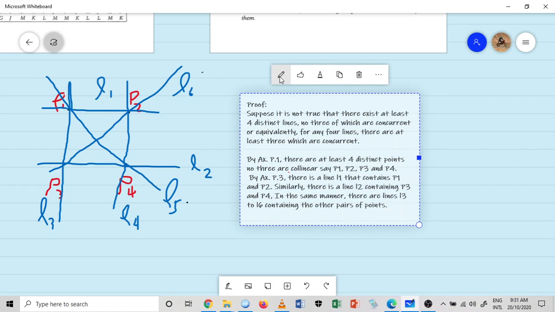By the way, it should be stressed here that we came up with 6 as the least number of lines because if we take a pair of points from 4 distinct points, we simply count the number of combinations of 4 taken 2 at a time. So that would again give us at least 6 lines.